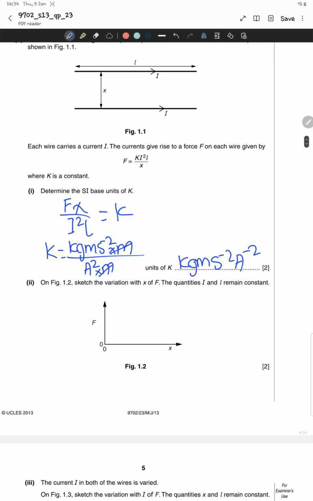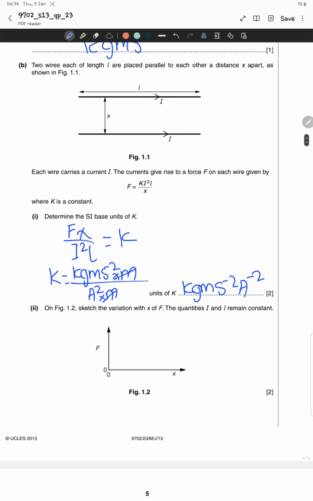Sketch the variation with x of F. Okay, so what is the relationship between F and x? If you increase x, you will decrease F, which means it's an inverse proportion. So F equals k by x, which means as you increase x, F will decrease.